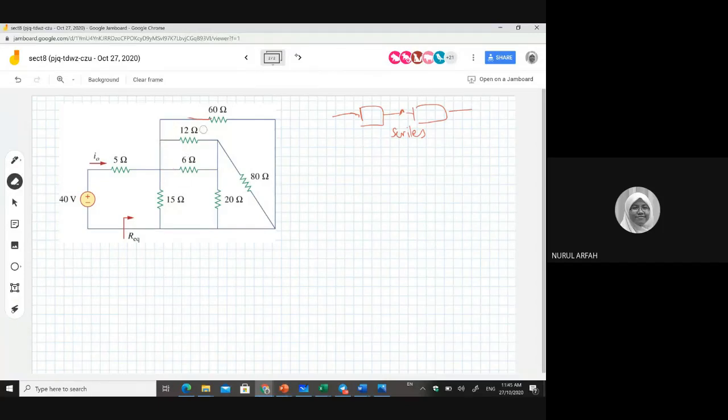Which one is in parallel or series? Can you figure out? 12 ohm and 6 ohm are in parallel, madam.